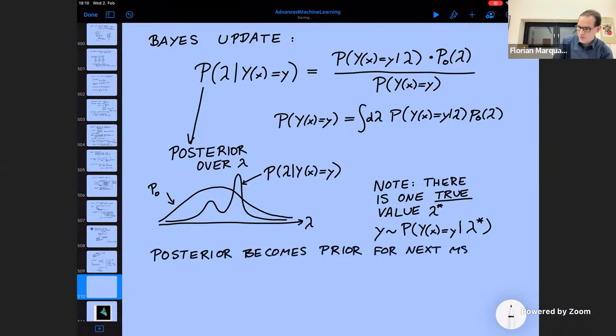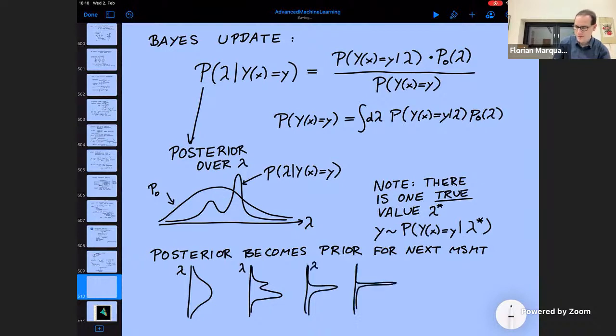So we can just continue on the scheme, and the typical way this looks like is you have a very broad prior. I now plot it like this. And then after one update, you get already something sharper. And then you have another update and it's even sharper, and another update, and hopefully it's even sharper, and so on.